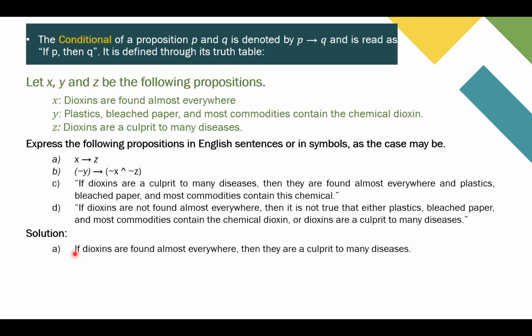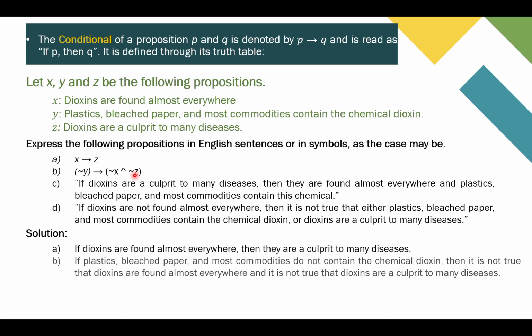And then for letter B, what would that be? Okay, we have the tilde Y, so that would be not Y. Then we have if not Y, then not X, and not Z. Okay, this part is a bit complicated, so let us see. Let us dissect this statement.